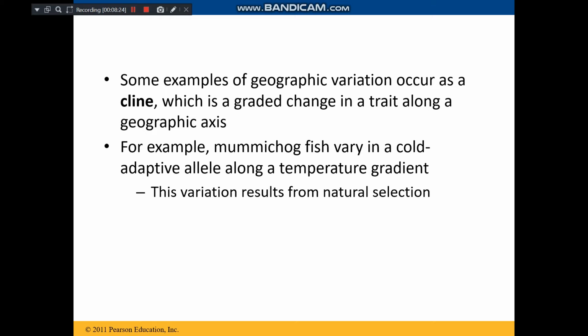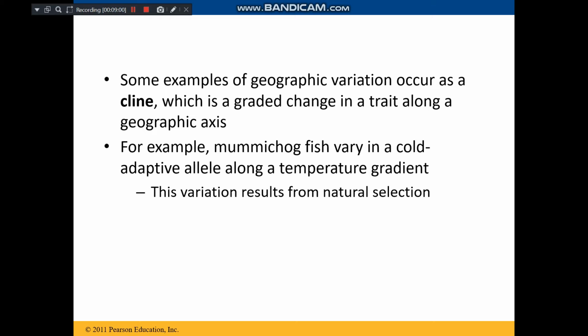Even some geographical variations do occur as a cline. A cline is a graded change in a trait along the geographic axis. For example, one particular fish, the mummichog fish, is the same species but varies between the cold region and the temperate region.